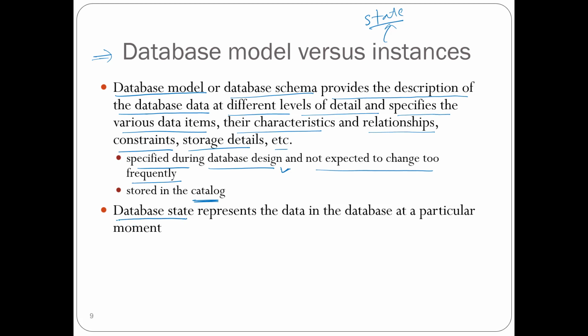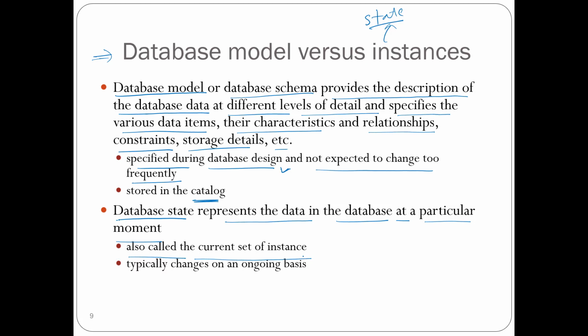The database state represents the data in the database at a particular moment, and it is also called the current set of instances. So unlike the database model, the database state typically changes on an ongoing basis.